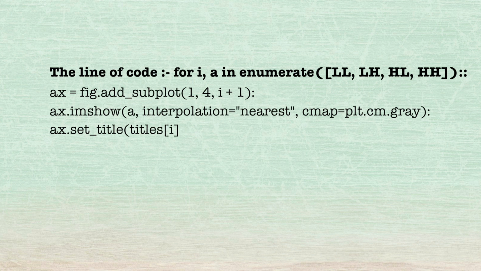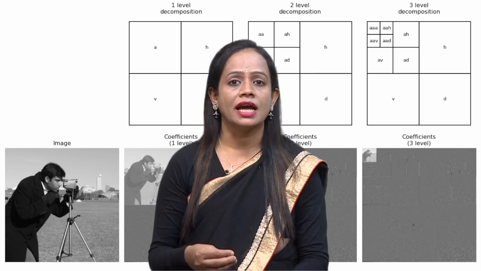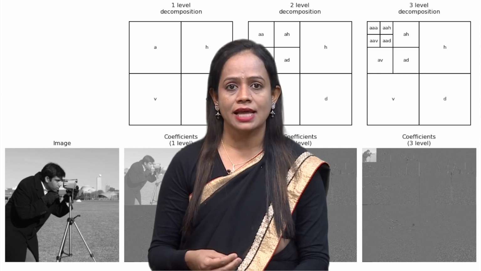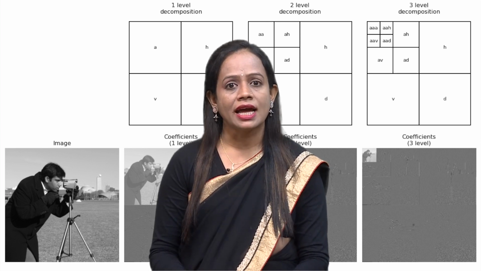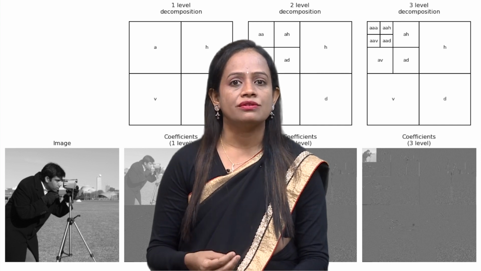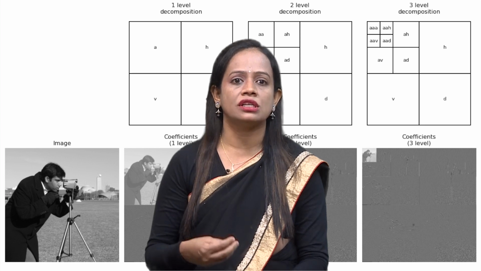Then type ax.set_title(titles[i], fontsize=10). This line sets a title for the current subplot based on the titles list at index i. The titles list is assumed to contain titles for each of the 4 subplots.